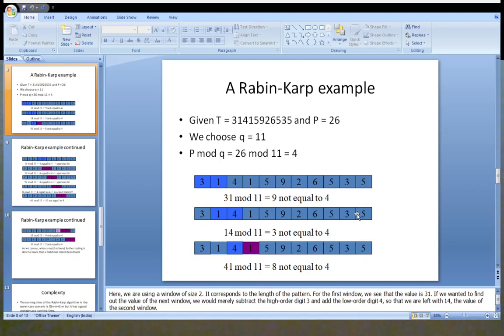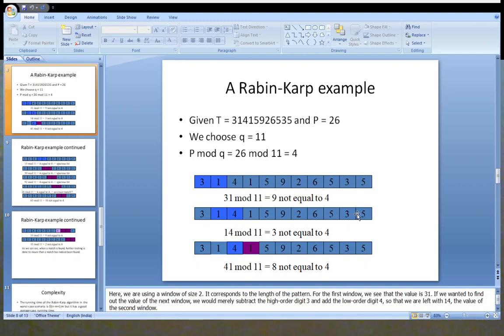After that, we shall consider the next number, 14. Pay attention that for shifting by one position, we have removed the higher-order digit, which was 3, and added the lower-order digit 4.